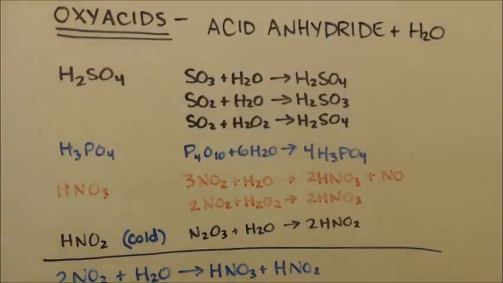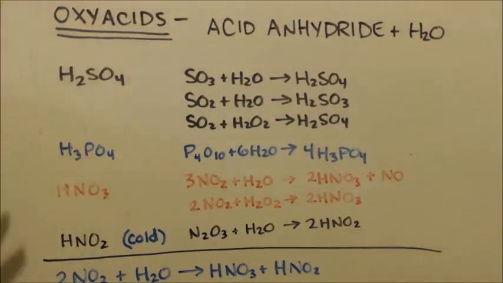If you have an oxyacid, you can always just throw the acid anhydride in some water and you'll make your acid. What is an acid anhydride? The best way to explain that is with sulfuric acid. And keep in mind, if you're going to do this, let me know, because there's more to it, especially with sulfuric acid and phosphoric acid.